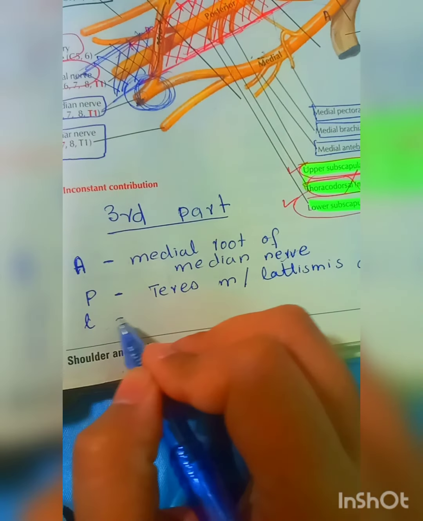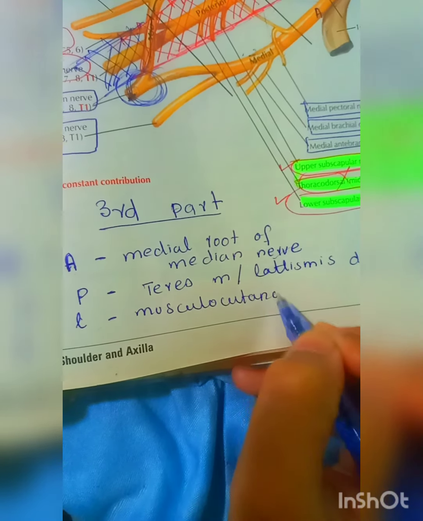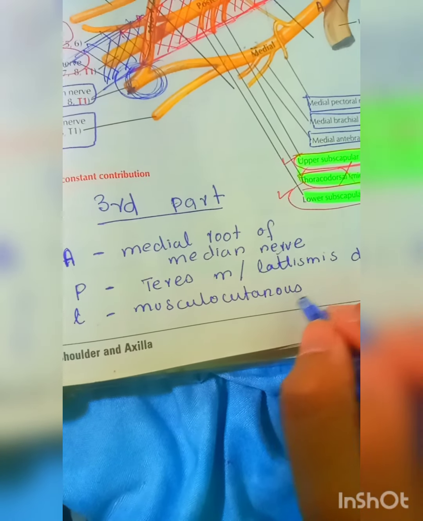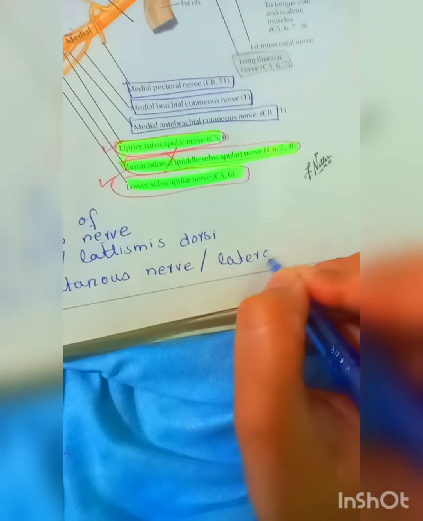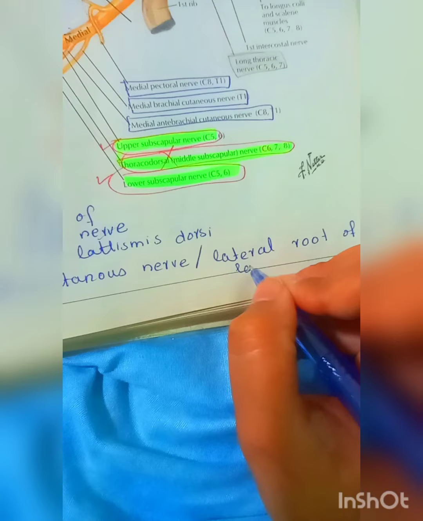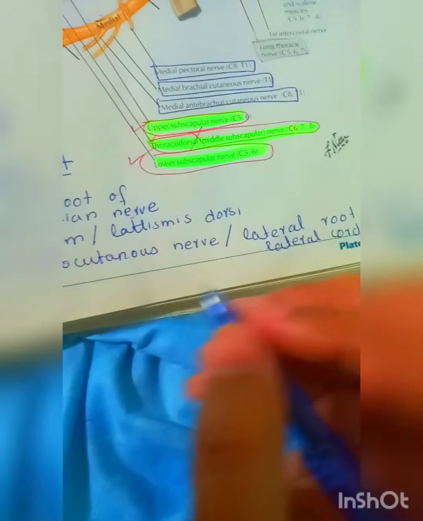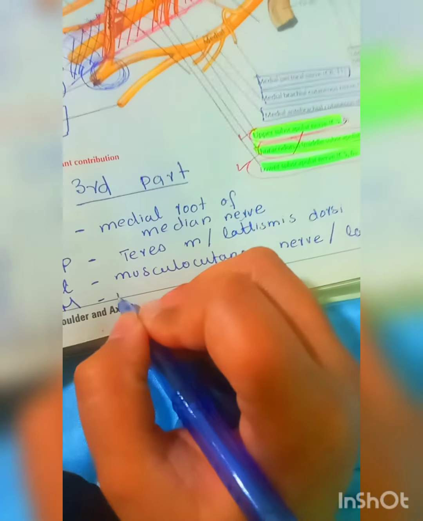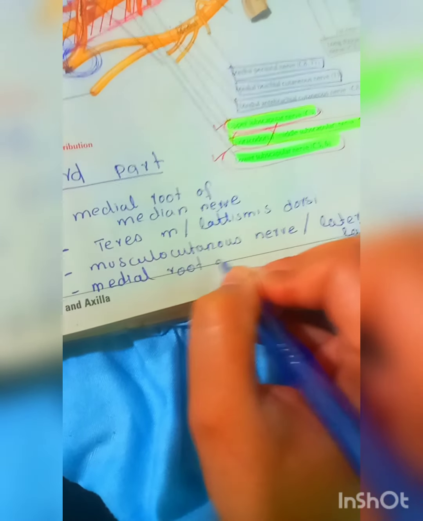Now laterally the musculocutaneous nerve which originates from the lateral cord of the brachial plexus, and the lateral root of the lateral cord of the brachial plexus, and medially the medial root of the median nerve.